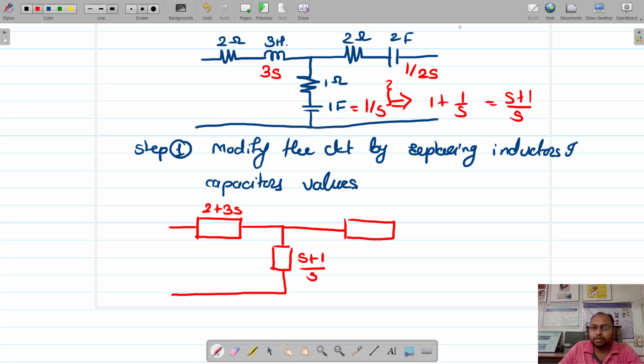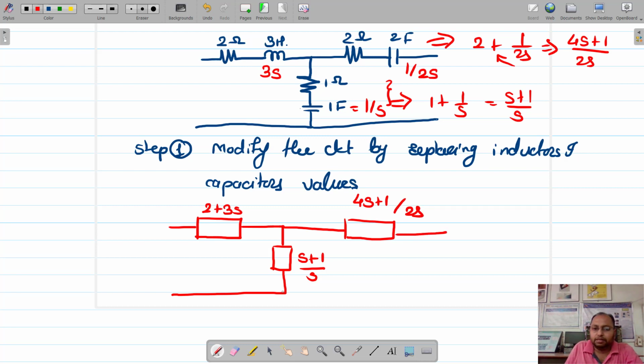It is nothing but 2 plus 1 upon 2s, right? So therefore it is going to become 4s plus 1, because 2 into 2s is nothing but 4s plus 1 divided by twice s. Okay, so let me write that over here as well.